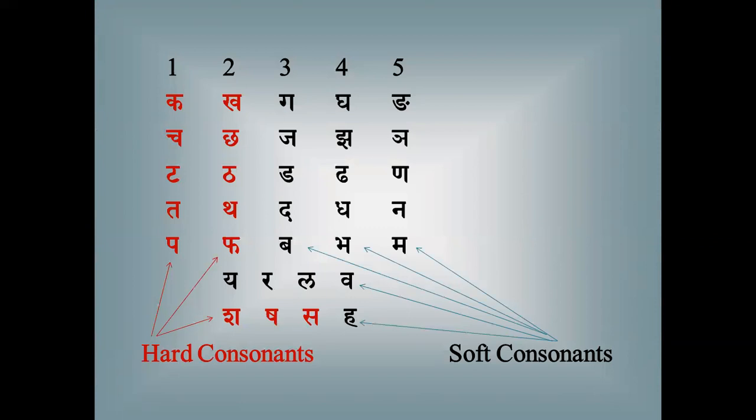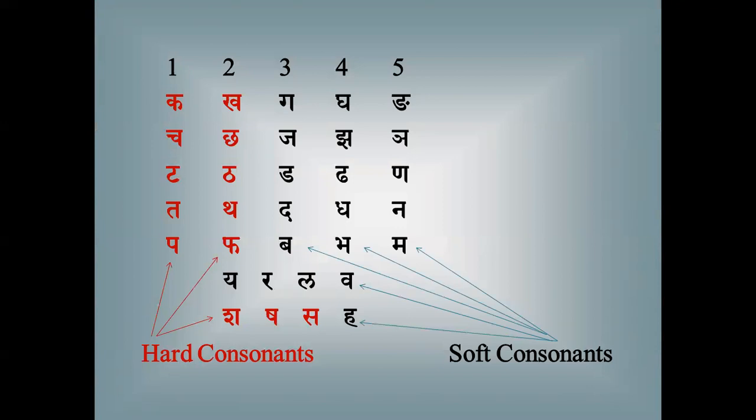What you have to remember is the first and second letters of all the classes and the three sibilants are hard consonants. And the rest, that is the third, fourth and fifth letters, semi-vowels as well as the last sibilant, ha, are soft consonants. So this is how the consonants are classified.